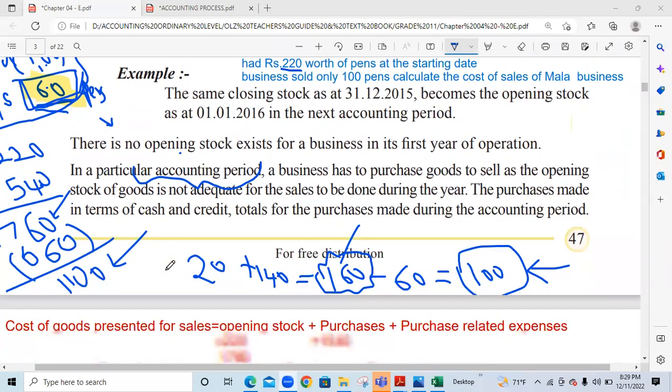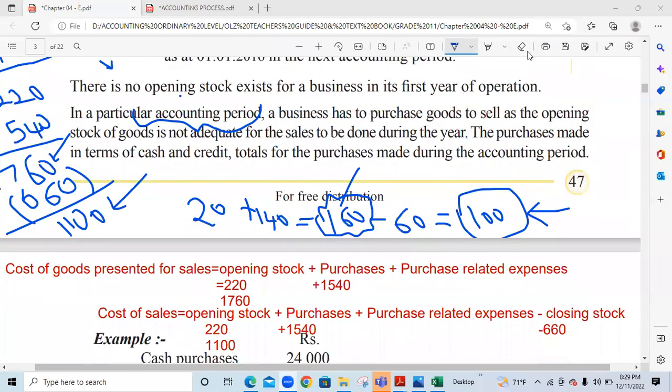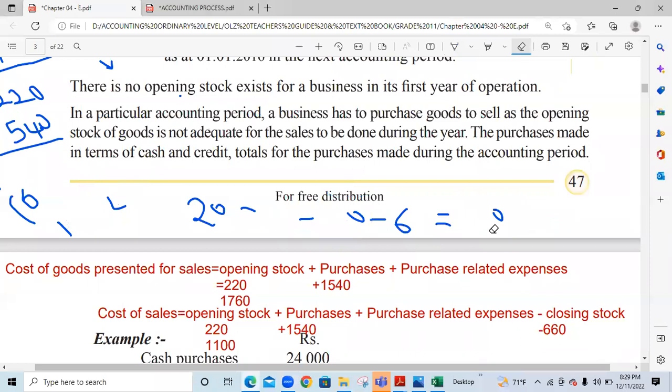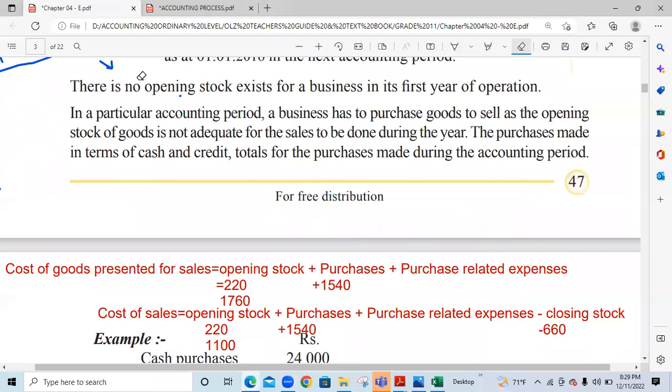Now guys, see here, in a particular accounting period, a business has to purchase goods to sell. If you are not a newly started business, in my example, you all had 20 pens at the starting date.